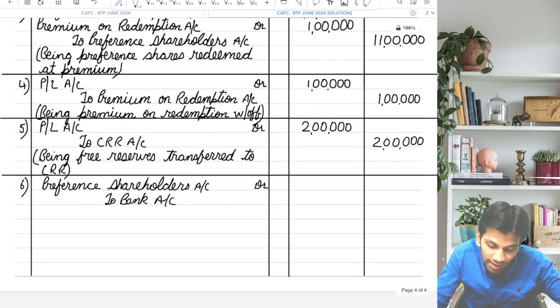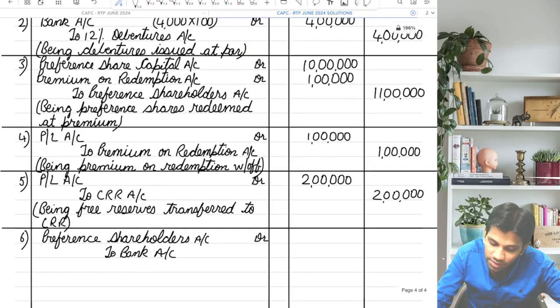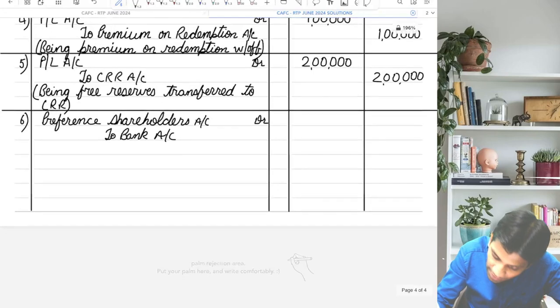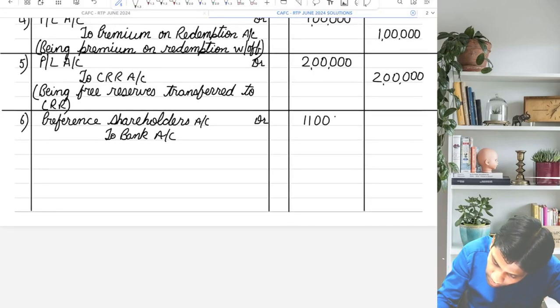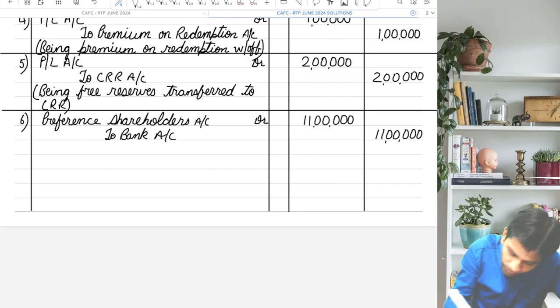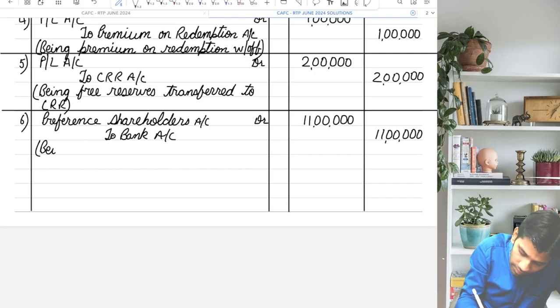You can easily take the amount from entry number 3. Check how much preference shareholders you have credited. 11 lakhs. Same debit, 11 lakhs. The narration will be being preference shareholders paid off.